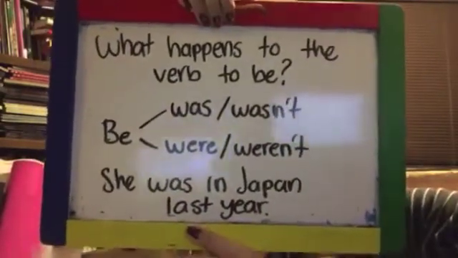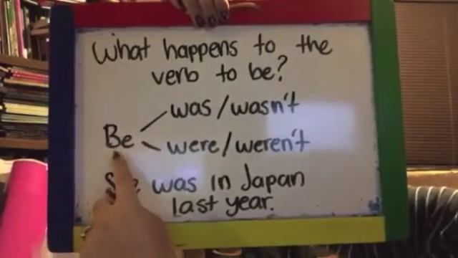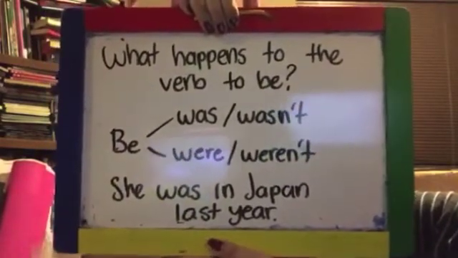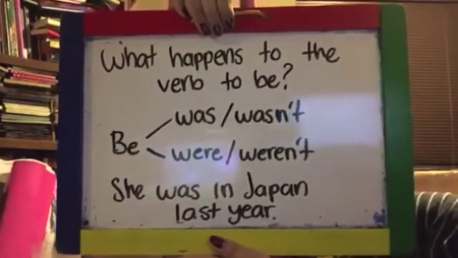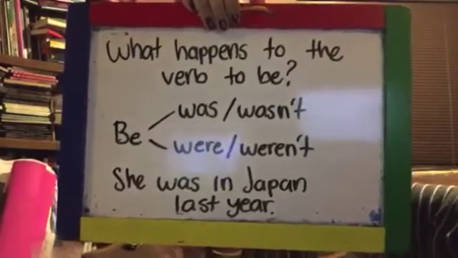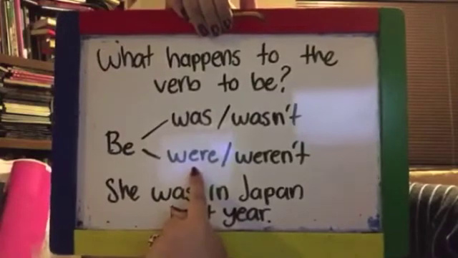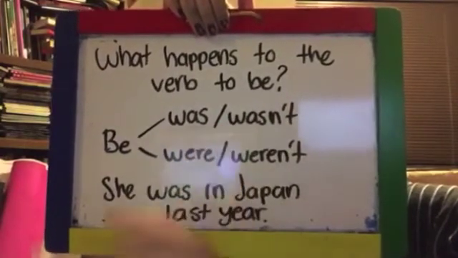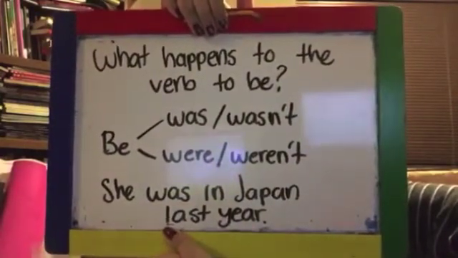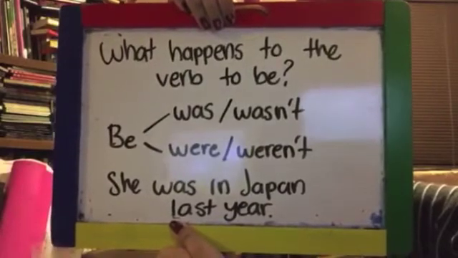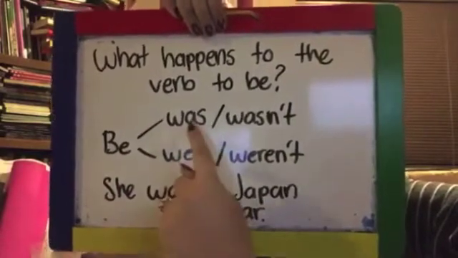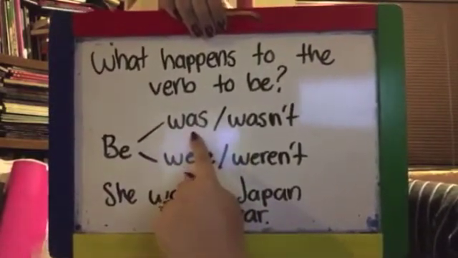We know that the verb to be is often used in the present, but in past, the verb to be changes. We have was and we have were. For the subjects I, she, he, and it, we use was.